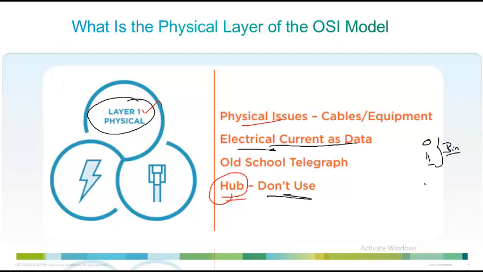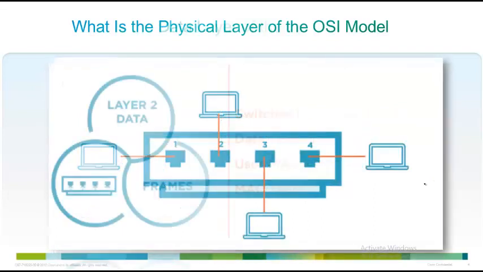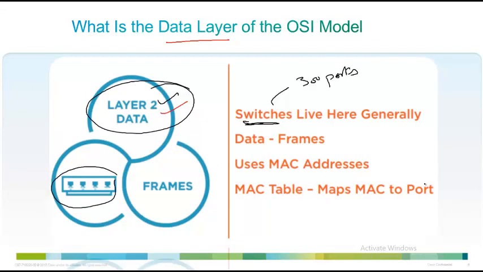That's why we have another device called switch. But switch operates in layer 2. We'll talk about this switch in much detail when we start learning about switches. Layer 2 is called data link layer, where the very important address called MAC address resides.